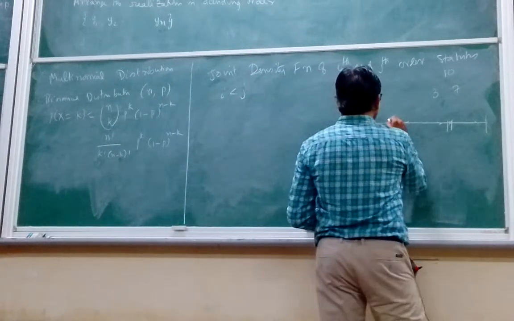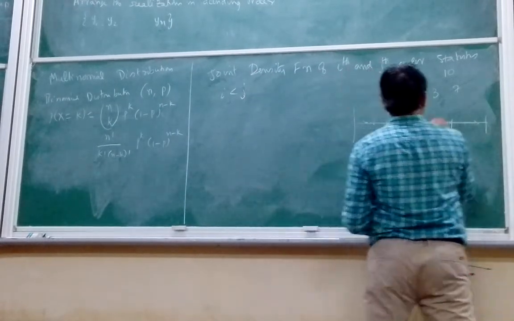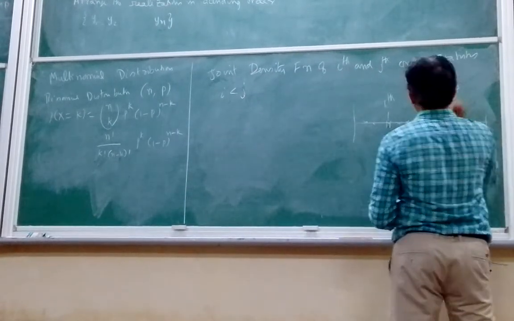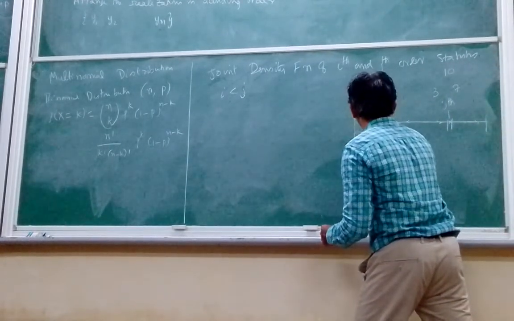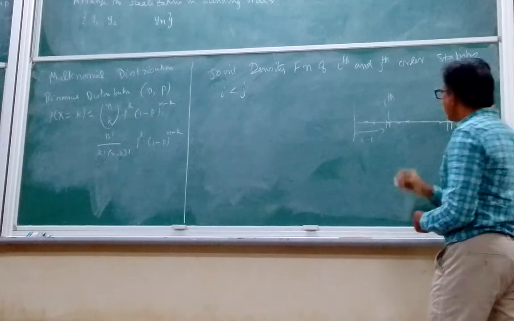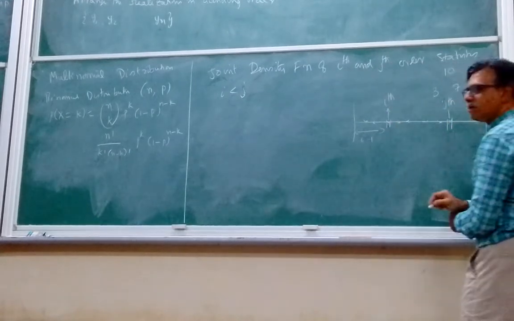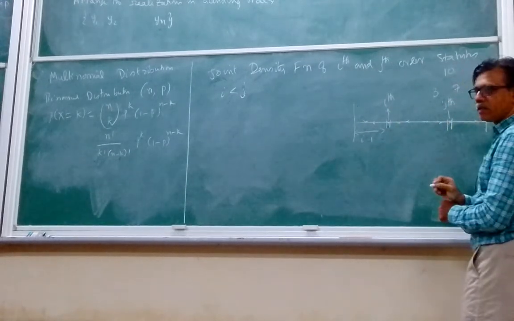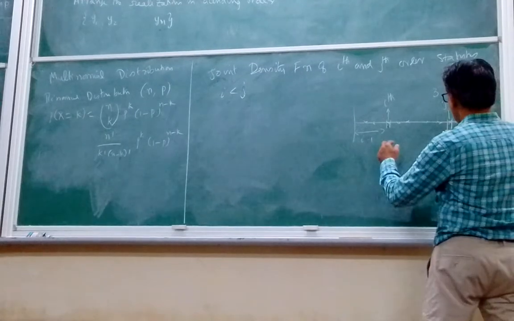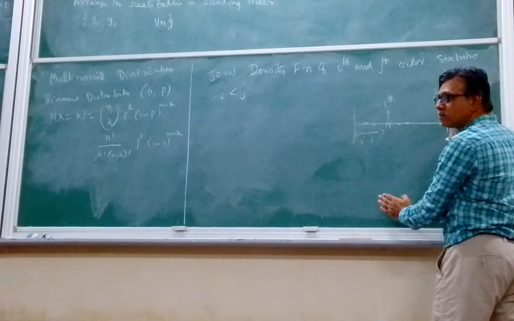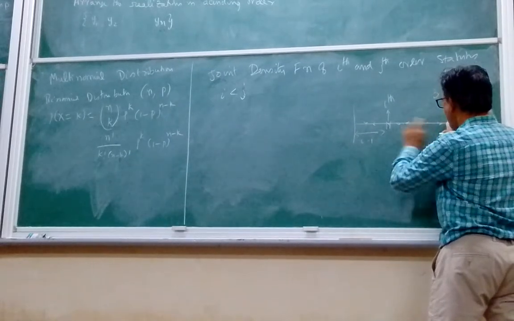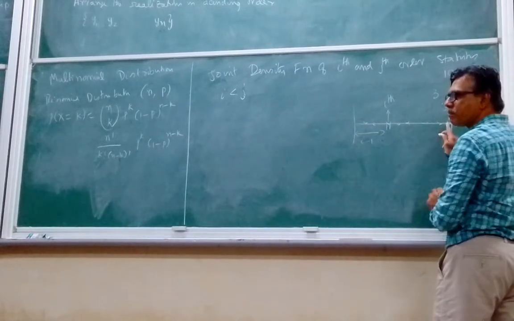So if this is the ith one and this is the jth one, I should have i minus 1 on this side. Then the ith one here, the jth one here. So below this point j minus 1 has to be here. Below this j minus 1, then only this will be j.